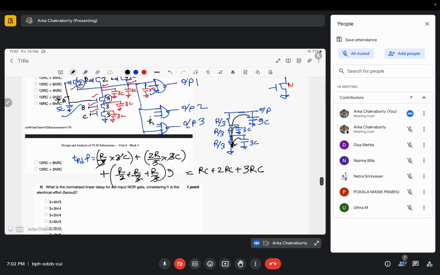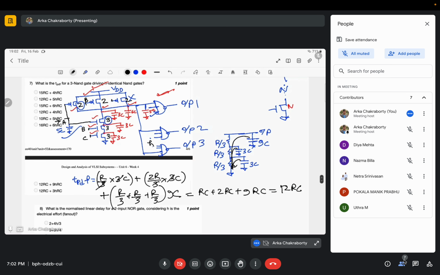So it would be 3 into R by 3, so R into 9C, so 9RC. So RC plus 2RC plus 9RC, 12RC. Okay, fine.